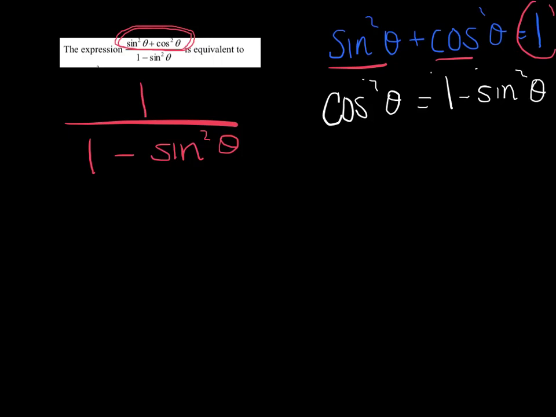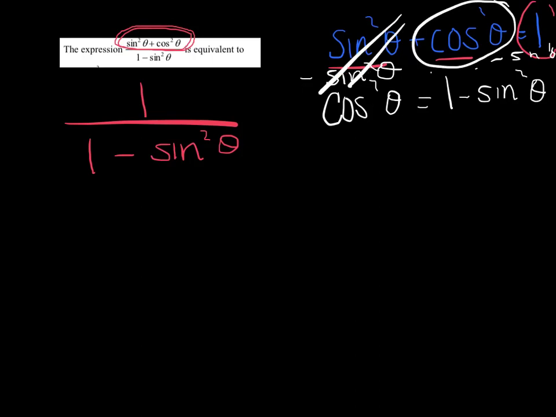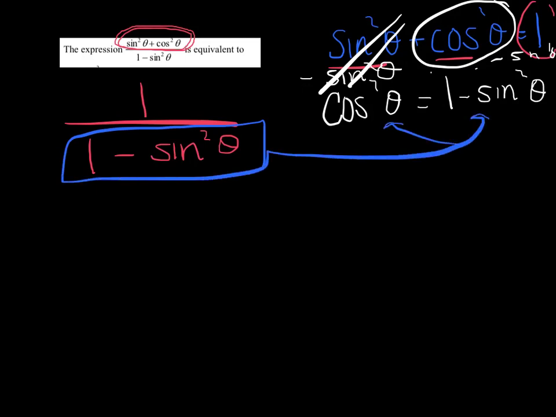And that's legal. Think about what I did. I basically just said subtract sine squared theta from this side and subtract sine squared theta from this side. Well, if I do that, that disappears and I'm left with cosine squared. Then I have an equal sign and I'm left with 1 minus sine squared. So watch what I can substitute in now. 1 minus sine squared is actually equivalent to cosine squared.